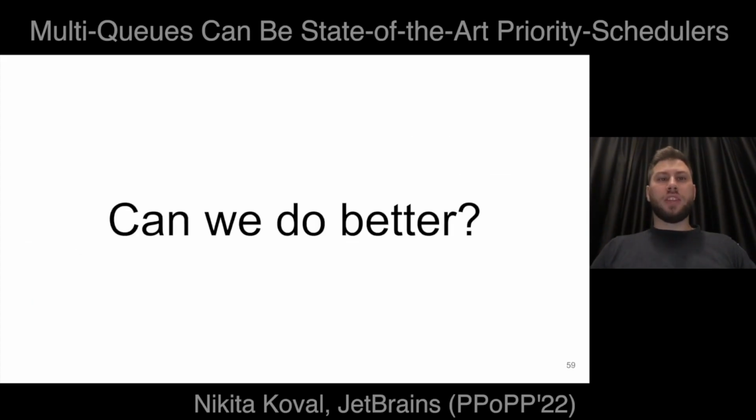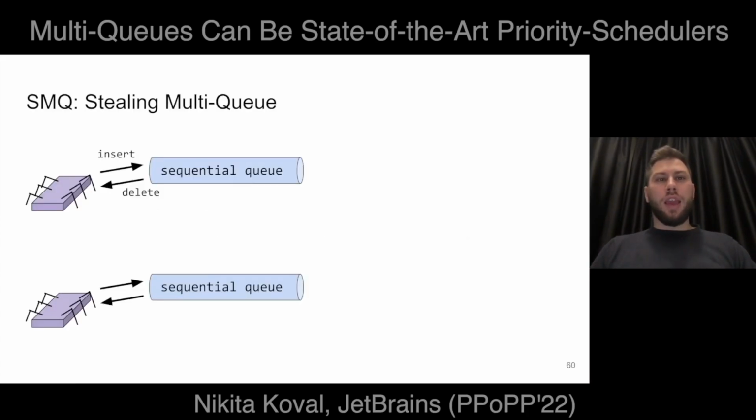We already have great results with these optimizations, but here's the question on the table: can we do better? And in short, the answer is yes. So, let me introduce a new algorithm, the stealing multi-queue algorithm.